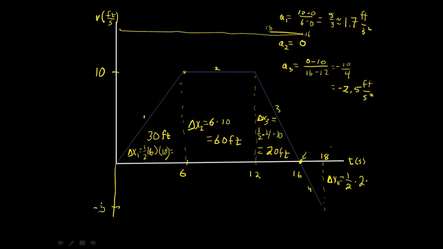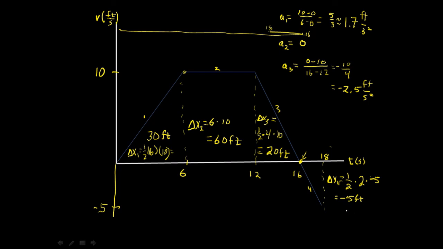You can check the algebra there. In 4 seconds it moved down from 10 to 0, so in 2 seconds it'll move from 0 to -5. Make sense? So times 2 times -5, and that is -5 feet.